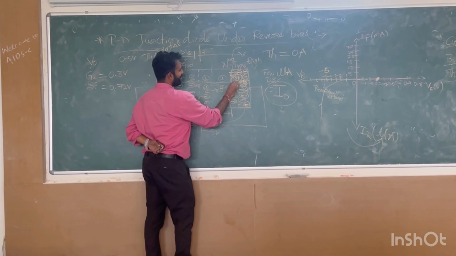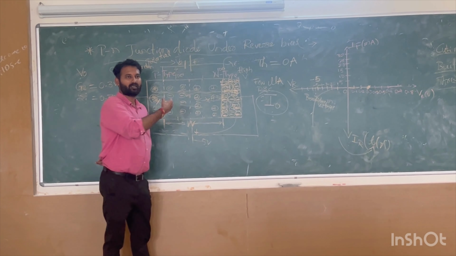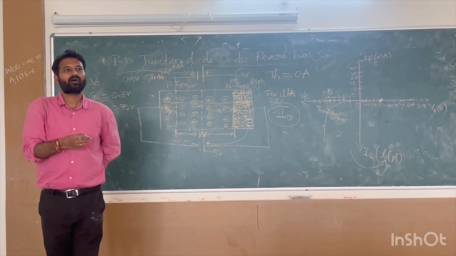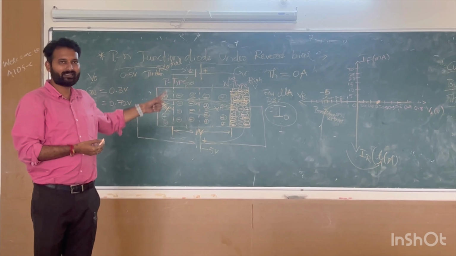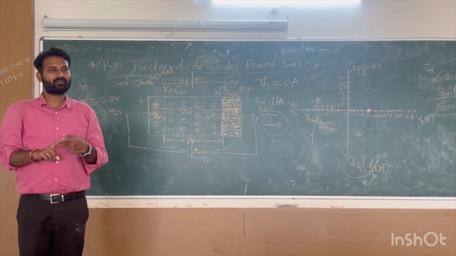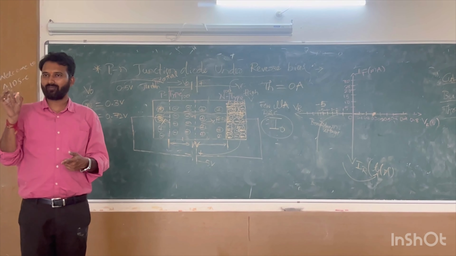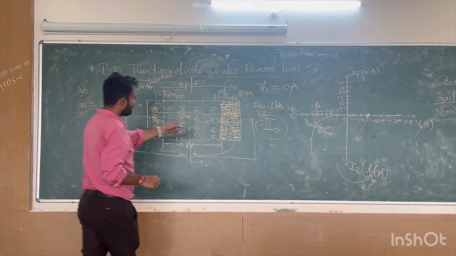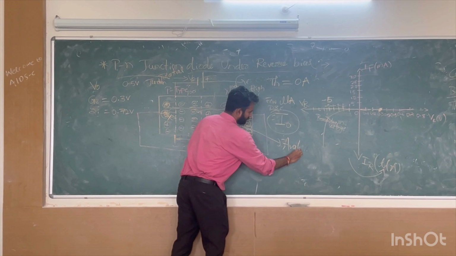Electrons are increasing. Now that is called a bunch of electrons. Technically, scientifically, we say avalanche of electrons. This is nothing but avalanche of electrons.